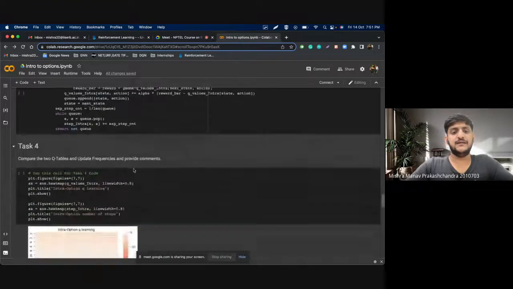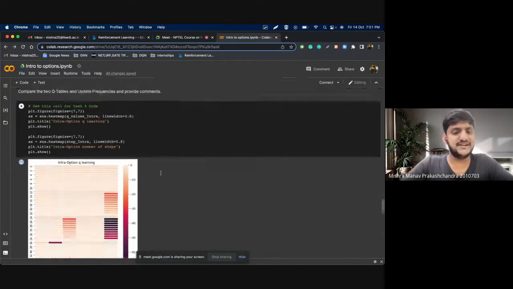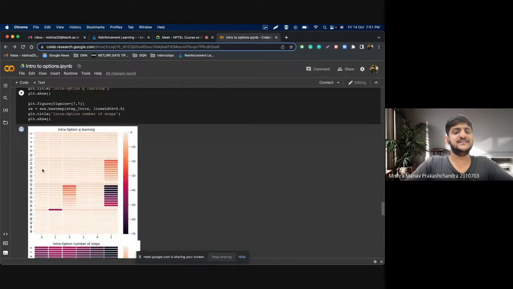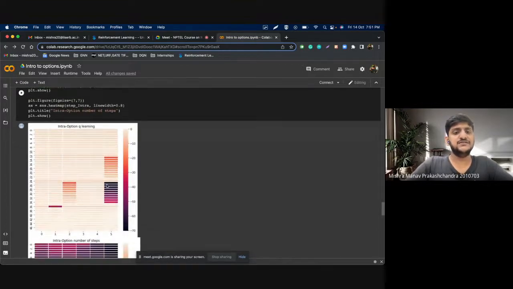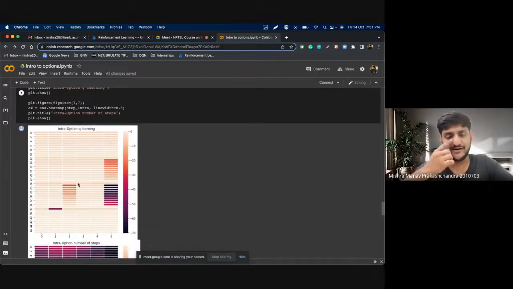So now what we're doing is we'll just compare the two Q tables and the update frequencies and provide some comment, right? So this is the table for the intra-option Q learning. This corresponds to my 48 states, and these are my 6 actions, right? The first thing gives me the heat map of the Q values for the intra Q learning.